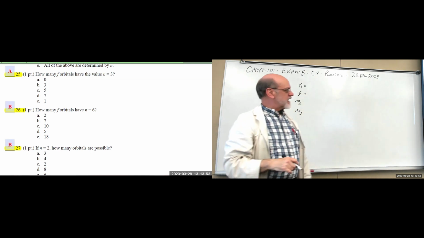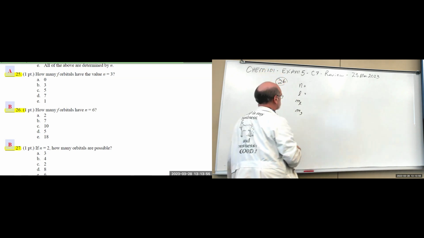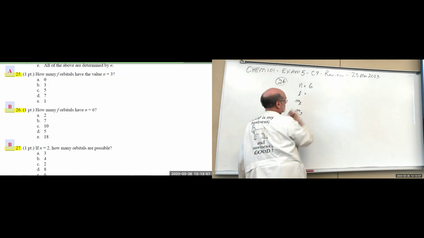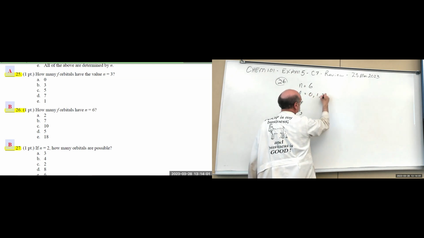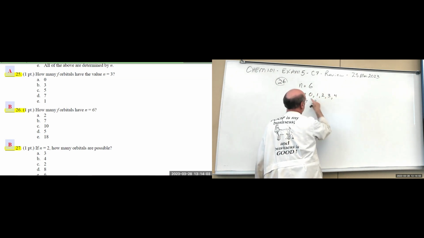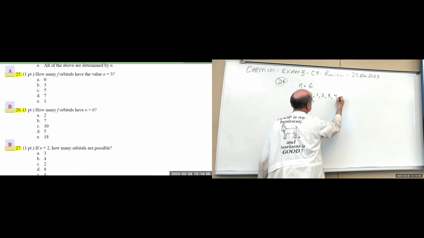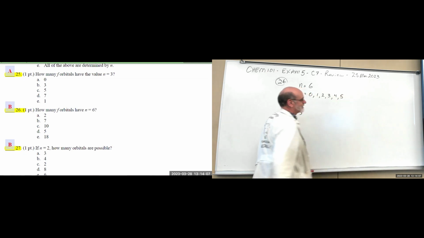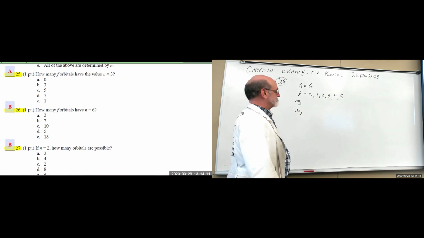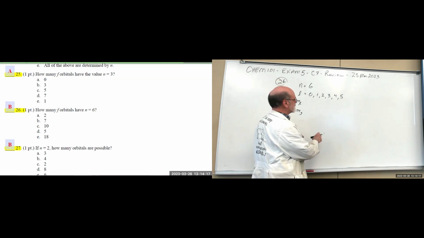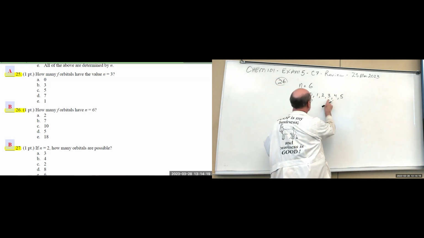26. How many f orbitals have n equals 6? Okay, now we got 6. And we can have 0, 1, 2, 3, 4, 5, 6. So which one of these is F? S, P, D, F. Here we go.